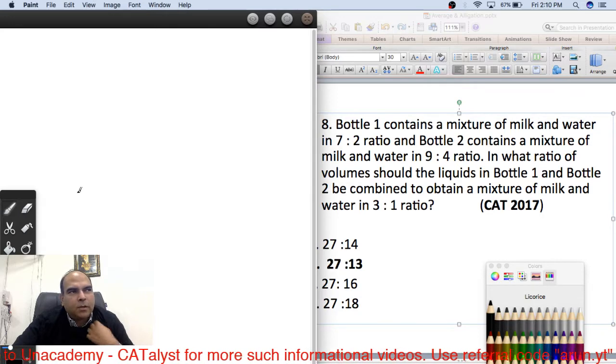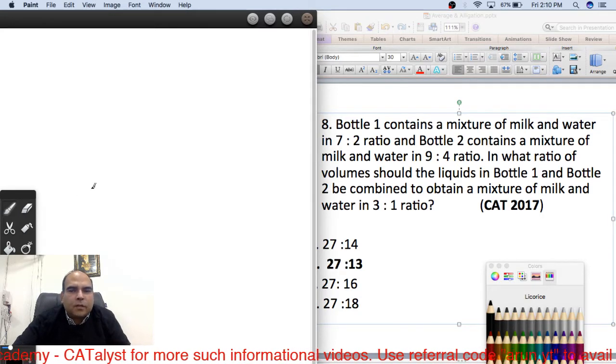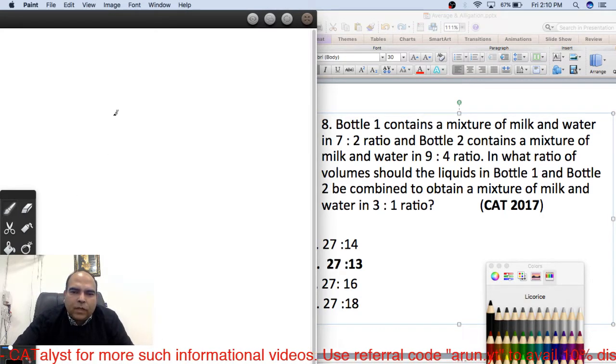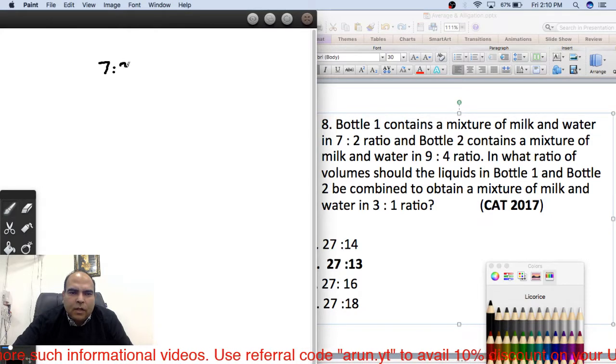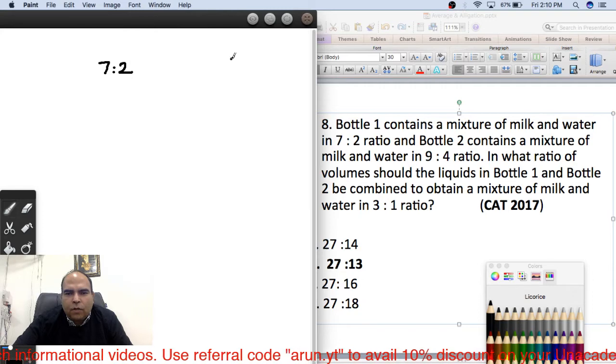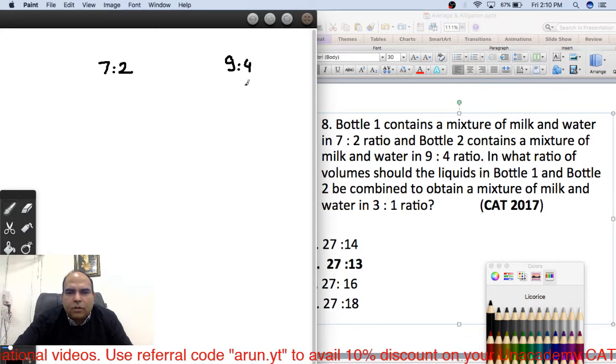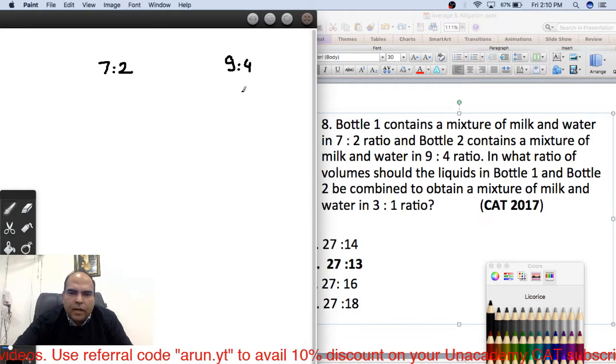Now let's come back to the second way of doing this question. Algebraically this is of course much more difficult. You have two ratios, 7:2 and 9:4.